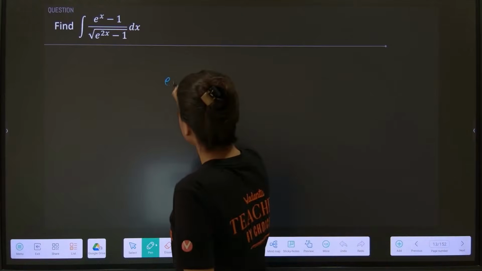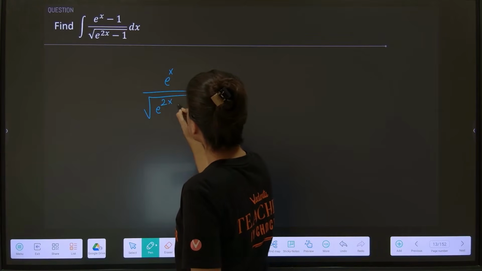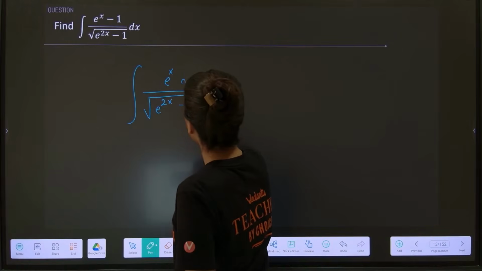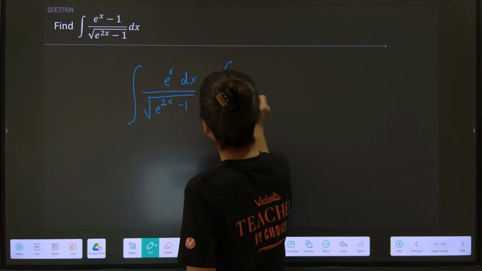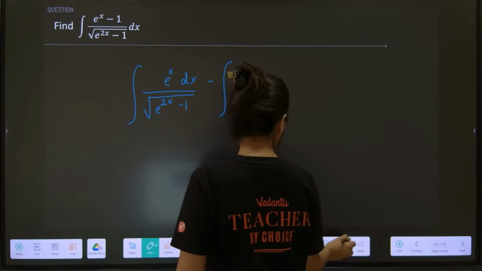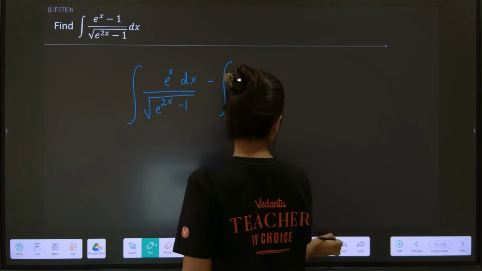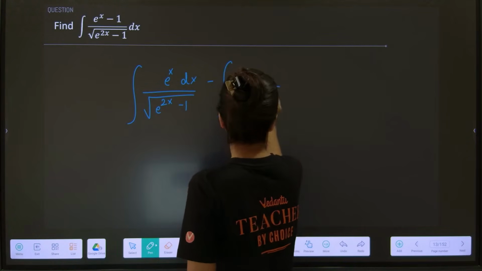e power x upon square root of e power 2x minus 1, integral minus integral of 1 upon square root of e power 2x minus 1.